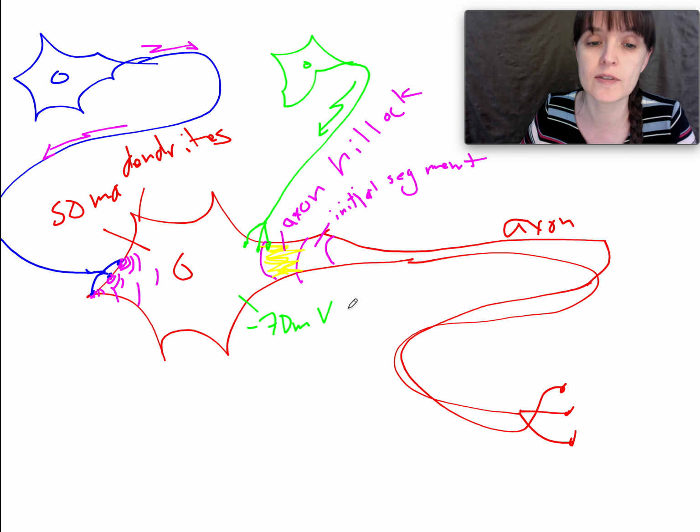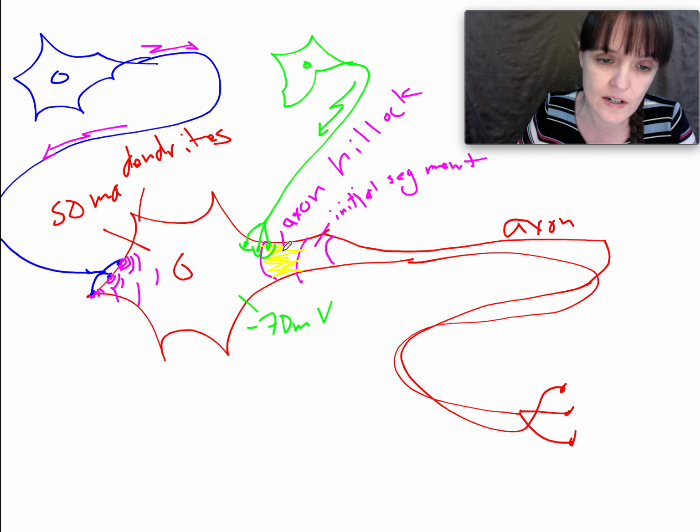Negative 70 millivolts. Say these are strong enough and close enough and repeated over time, which we'll discuss later, to bring the axon hillock to threshold, negative 60 millivolts.